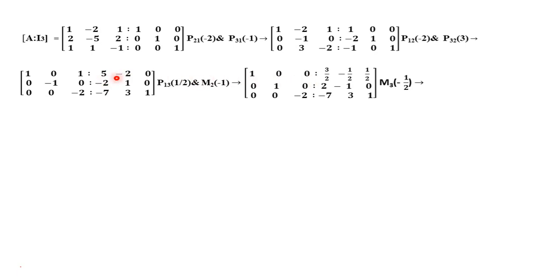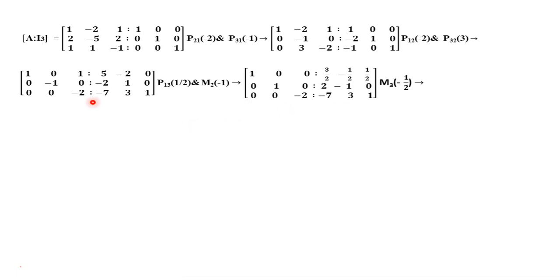Simultaneously, 5 minus 2 0 changed to 3 by 2 minus 1 by 2 1 by 2. Again we have to make this minus 1 as plus 1, so we multiply all the elements of the second row by minus 1. So we get 0 1 0 2 minus 1 0. In the second row, only the sign changes.